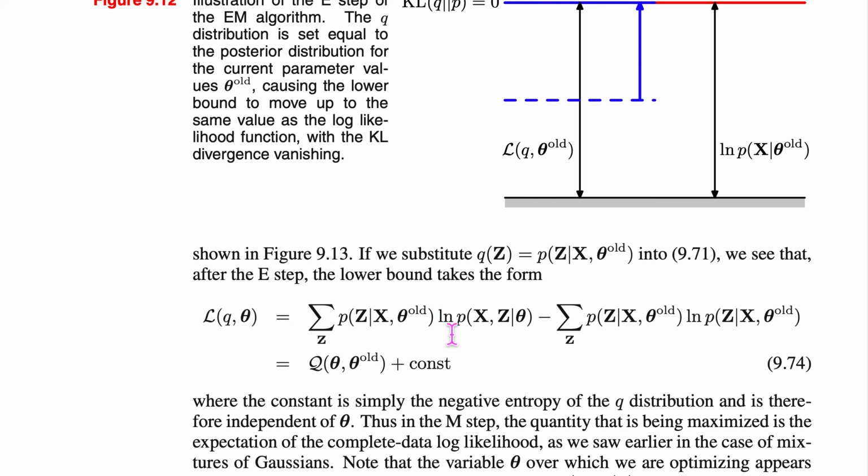And then we're going to end up with a likelihood function, so it's the probability times the log of the probability, yeah? And once again, we have the inverse here, right?